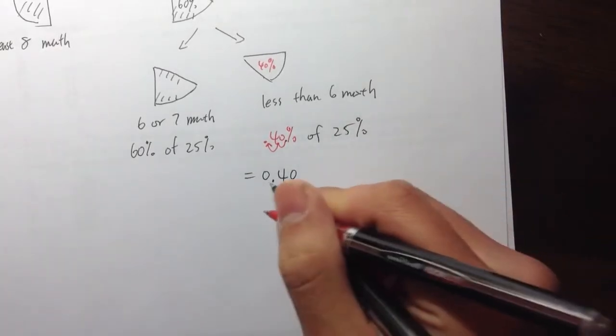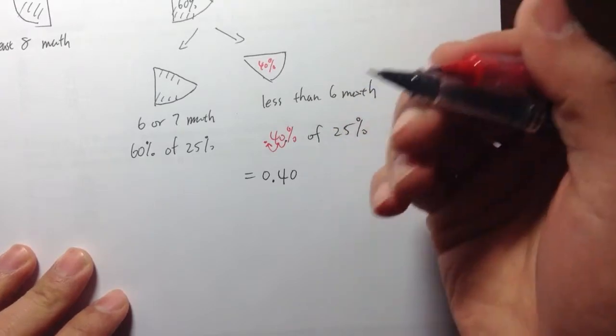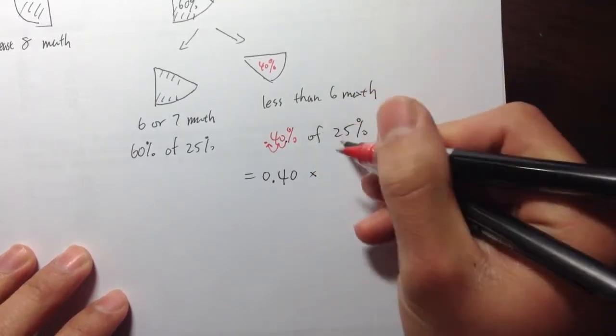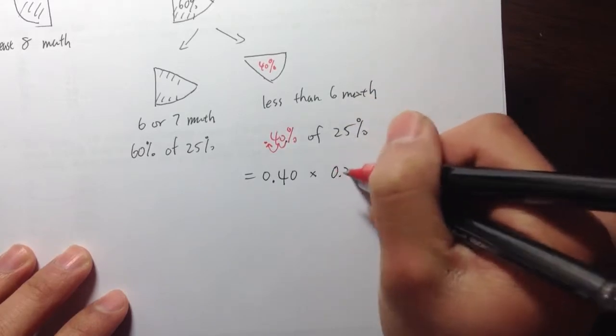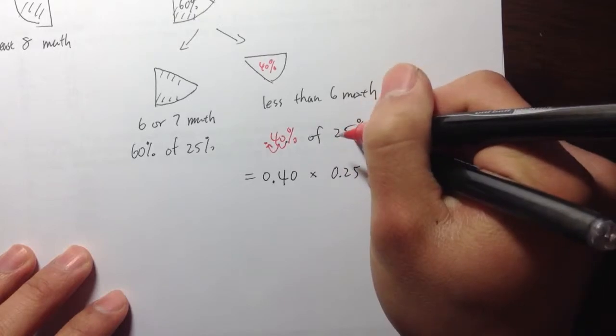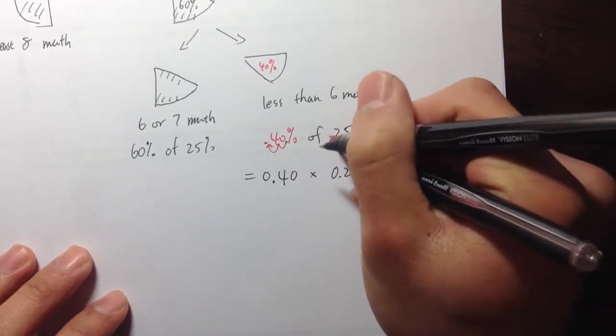I like to have the 0.40. The word "of" translates to multiply. I'm going to multiply. Likewise, 25% is just 0.25. As you can see, we have 25 with a point, and we move the decimal point once, twice to the left.